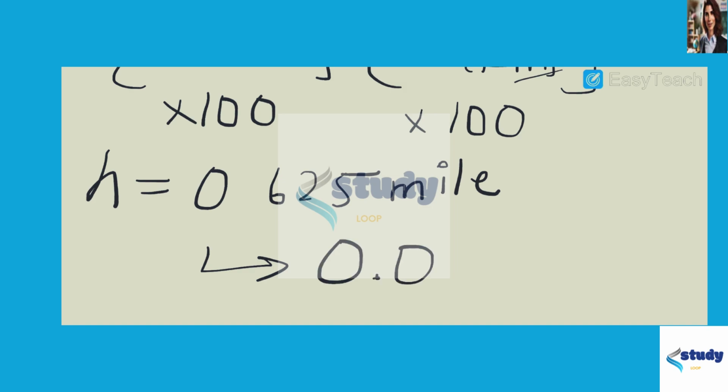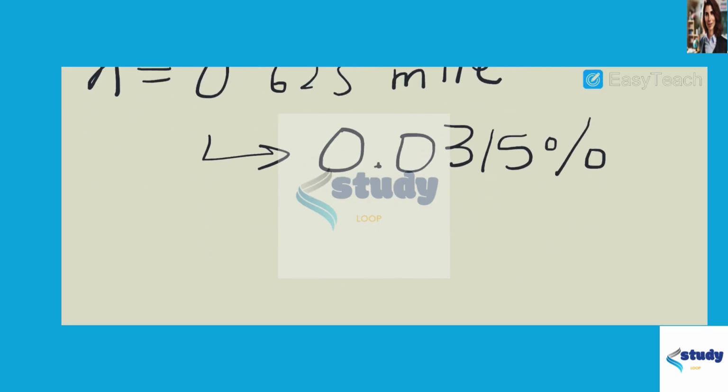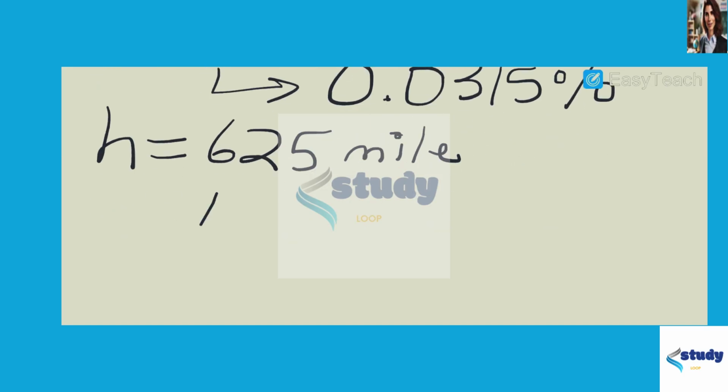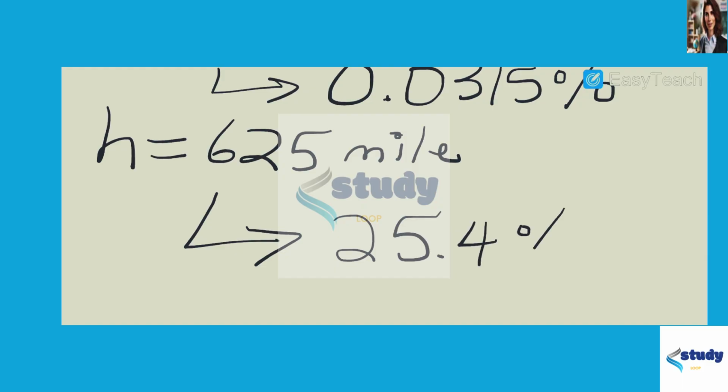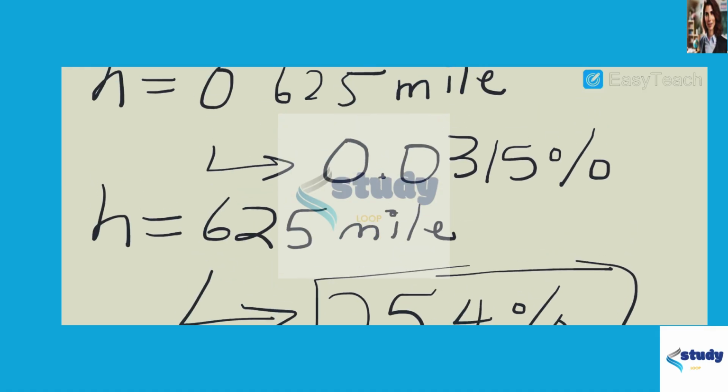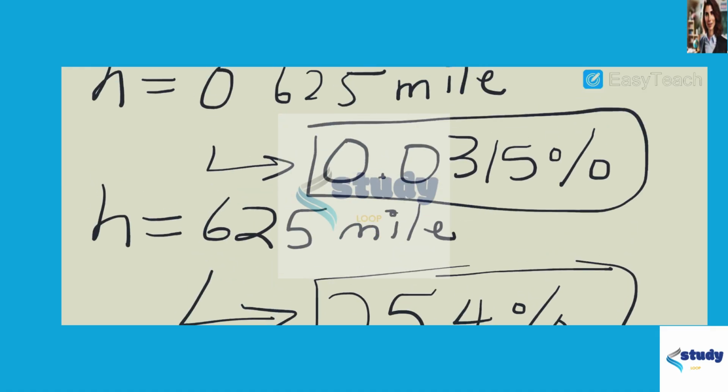It's 0.0315%. We're also asked to solve for a height of 625 miles. And when plugging that into the same equation, we see that the percent error is very significant at 25.4%. So let's box off our answers, and that's it.